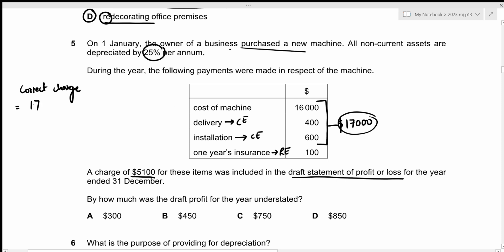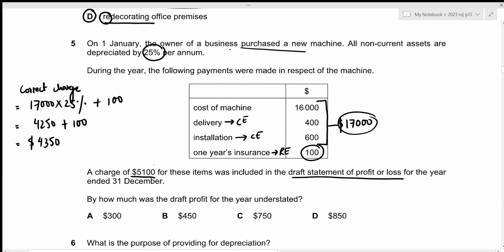So that's 17,000 times 25%. That's our depreciation. And we also include the insurance charge as part of our overhead. So that will be plus 100. So this gives our depreciation charge for the year to be 4,250 plus our insurance of 100, which gives the correct charge as overhead towards our statement of profit or loss to be 4,350.